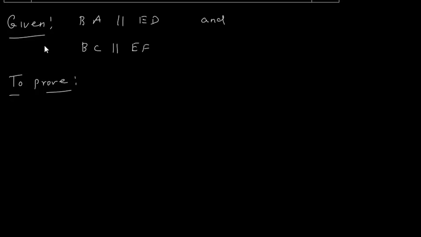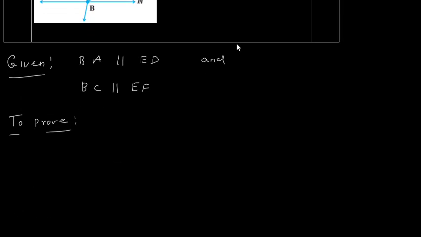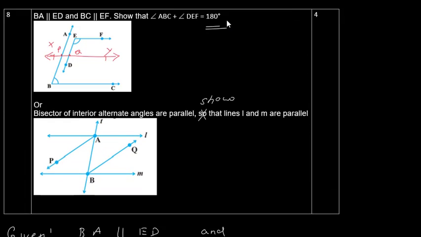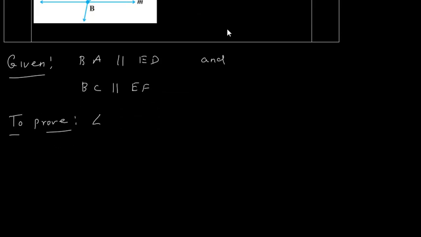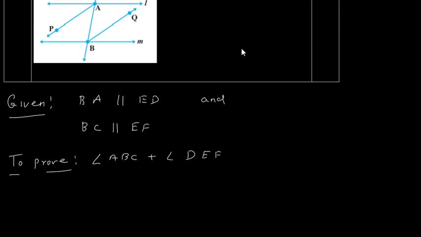So we have to prove that angle ABC plus angle DEF is 180 degree. ABC plus DEF is equal to 180 degree.